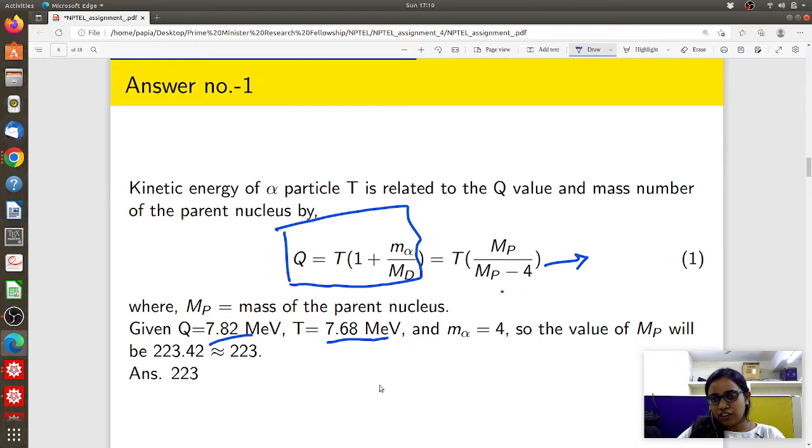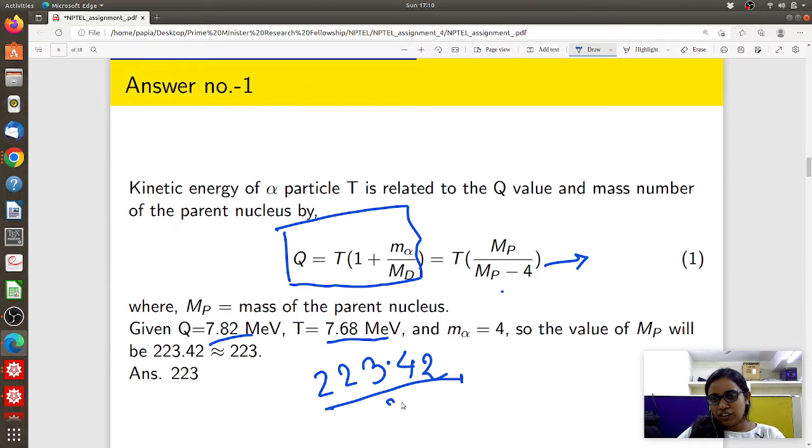I am going to calculate the value of MP, and it will be 223.42. But this is not exactly the answer, because the answer should be in integer form.